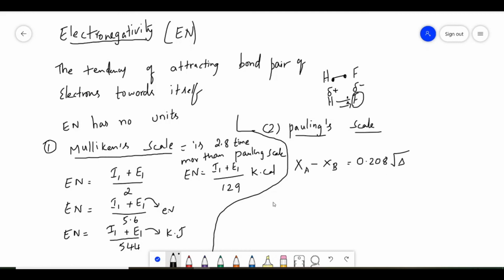Suppose two atoms are there, then delta is equal to the bond energy of AB minus half into the bond energy of AA plus the bond energy of BB.